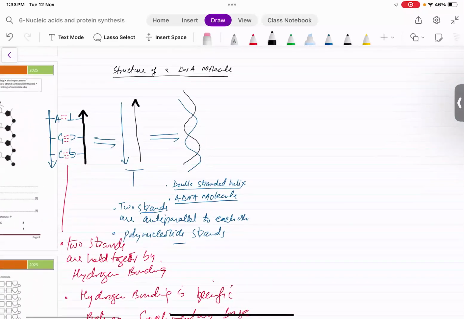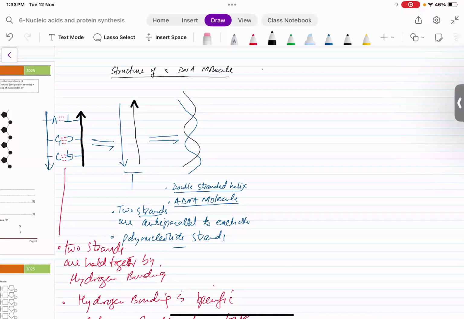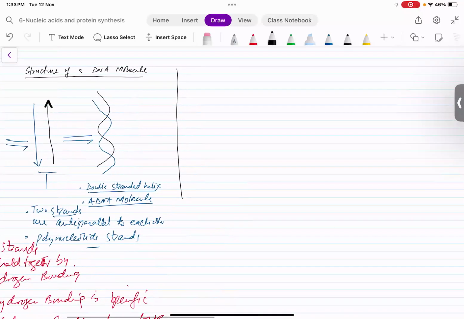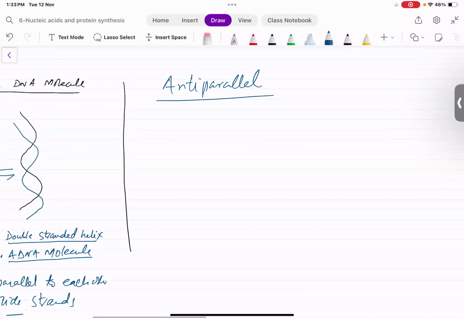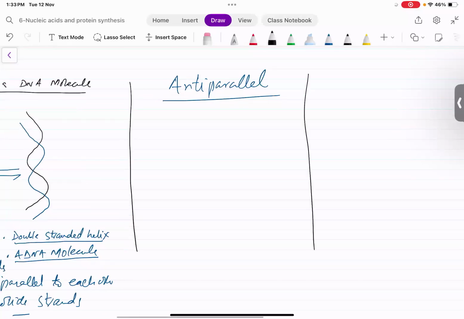Isme ye jo DNA molecule hai, isme anti-parallel ka kya matlab hai? Anti-parallel. If I draw a nucleotide again, let's have a look at the structure of a nucleotide again before we discuss this.